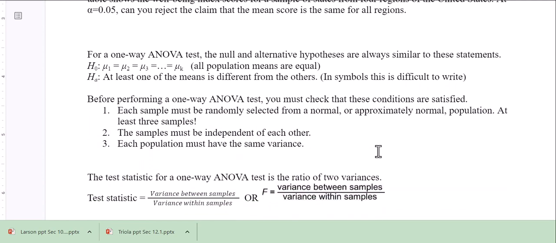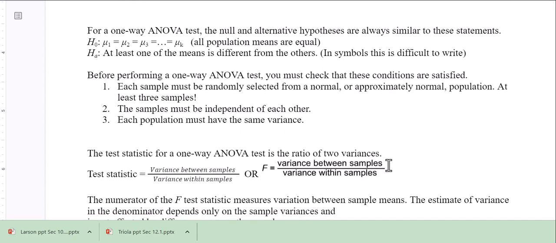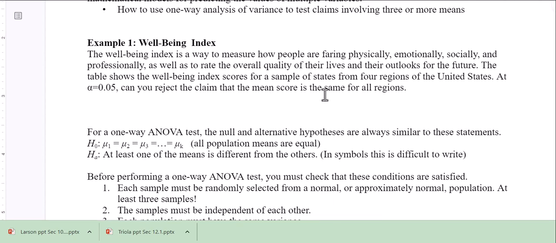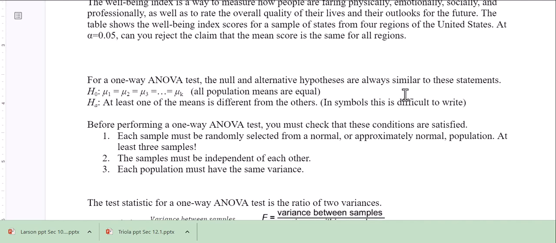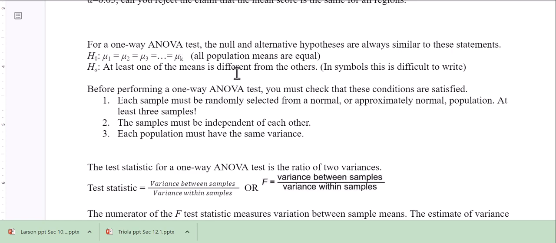But what does that mean? We're doing a hypothesis test where we have 4 different regions, so that means we're going to have 4 different means. For a one-way ANOVA test, the null and alternate hypotheses are always similar to these statements, so this is how you want to write them. The null hypothesis, remember, always has the equality statement.